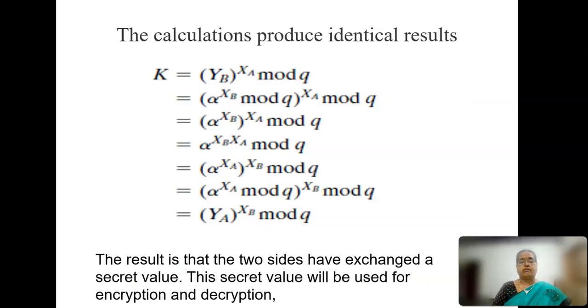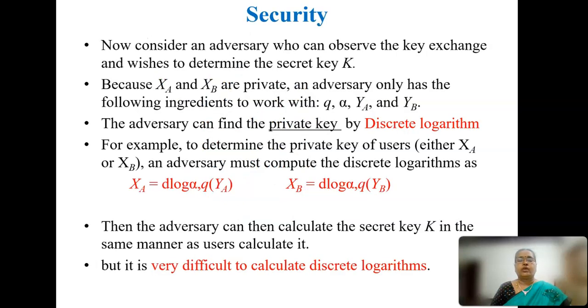So both sender A and receiver B will arrive at the same key. This key K can be used for encryption as well as for decryption. But they are not sharing the key K explicitly. They are sharing only the values of YA and YB.